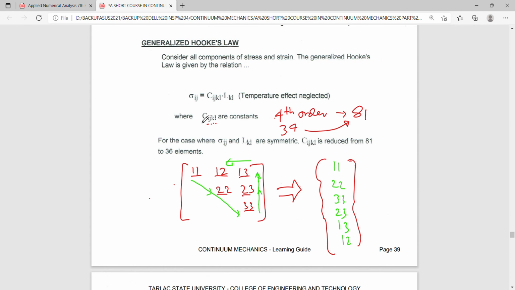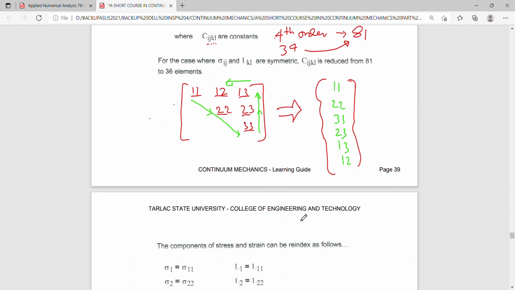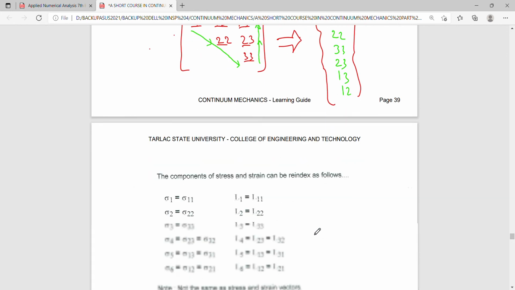Statistically, you determine your constant here in this form. So, vectorize mo siya para hindi ka mahirapan sa programming because it needs a lot of trial and error to make sure that the compatibility equations will be satisfied. Okay, so those are just thoughts for you to ponder. Siyempre, mahirap gawin yan pang research na yun.